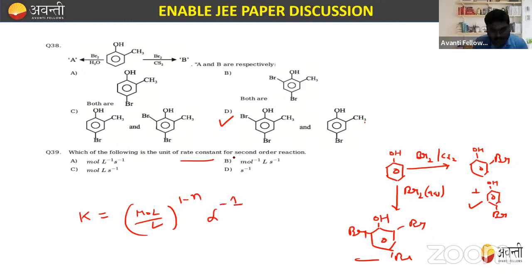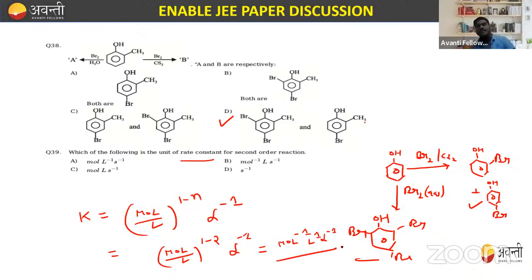In this question, they are asking about the second order, so n is 2. So this comes out to be mole per liter raised to 1 minus 2, and second inverse. So the correct option is mole to the power 1 minus 2, that is minus 1, mole minus 1, liter 1, and second minus 1.